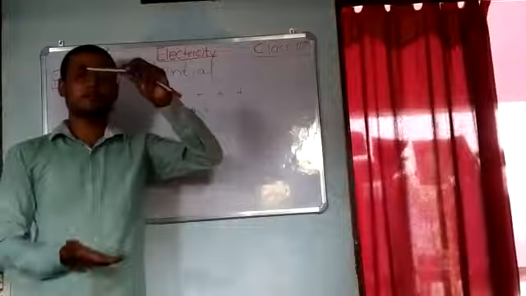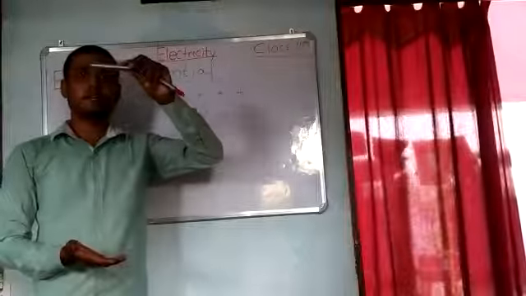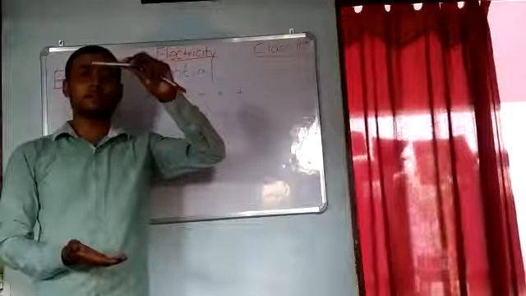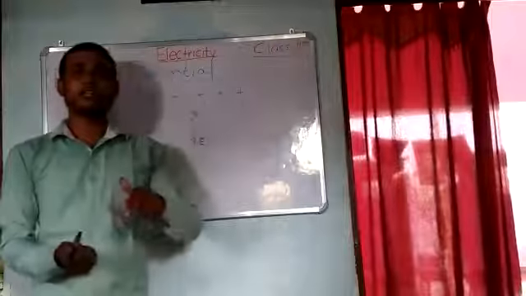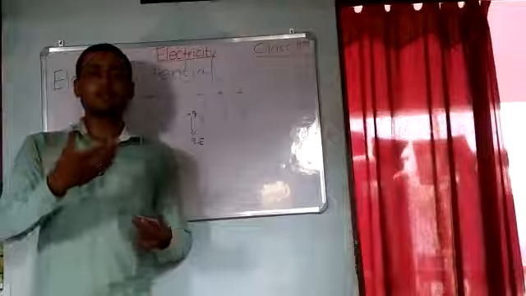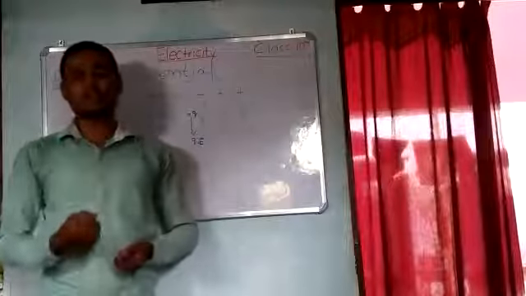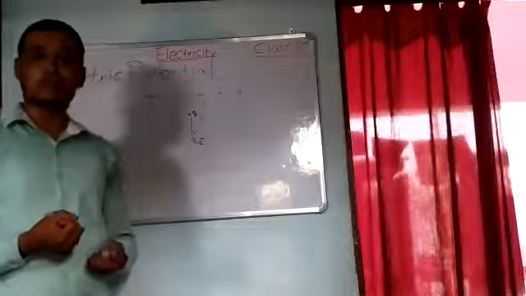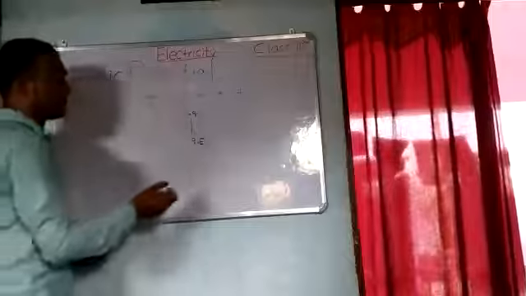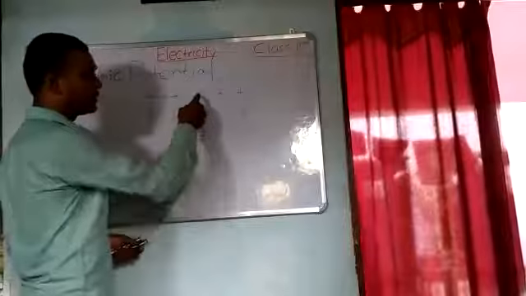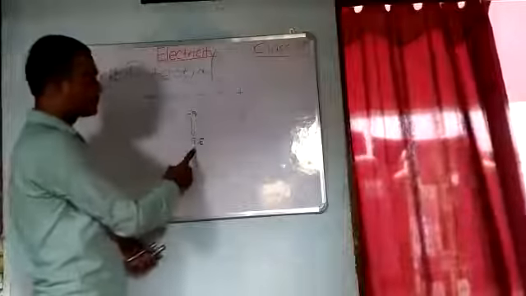I repeat, if I drop this marker, if I let it go, then it will go downward. It means that there is a force which attracts it toward the earth, which is the gravitational force. Similarly, we know that charge always goes from positive to negative.